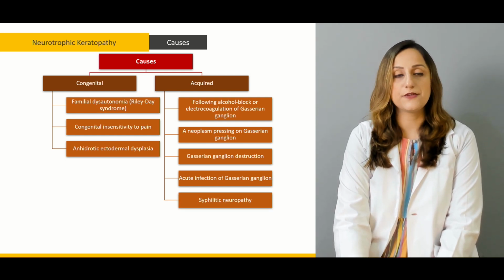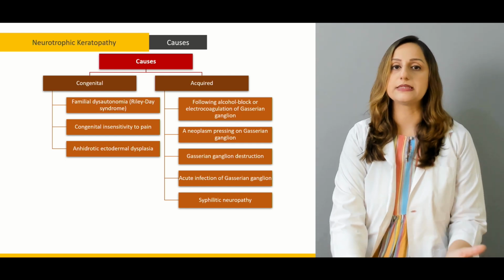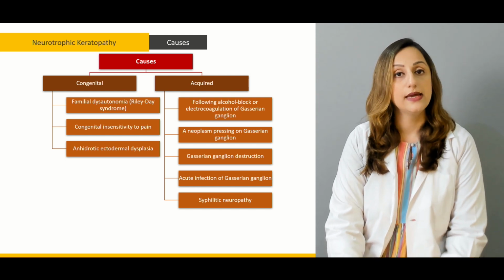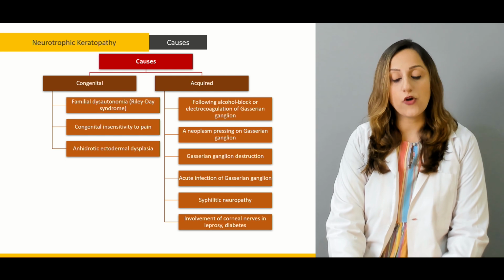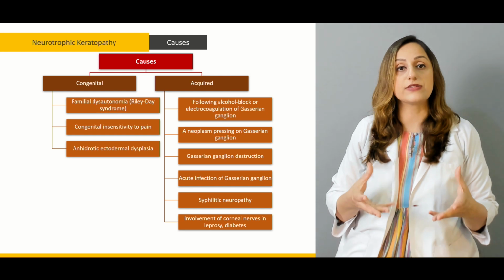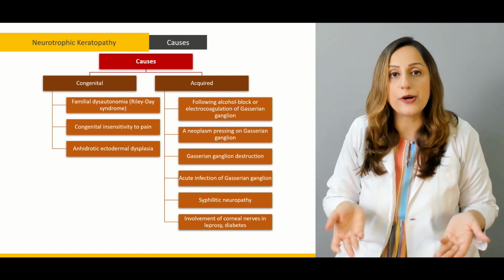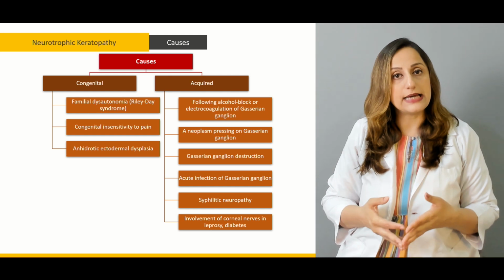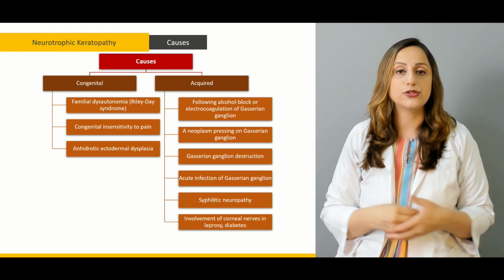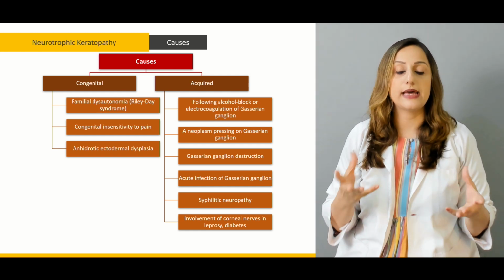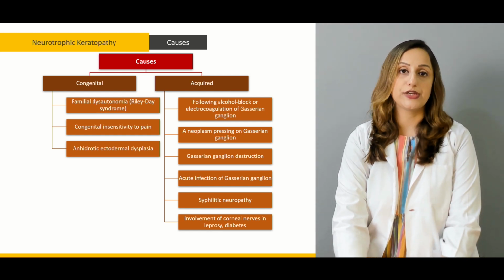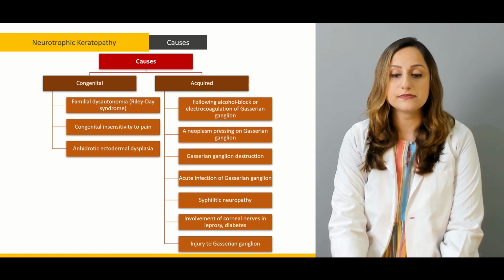Then we have the syphilitic neuropathies, and syphilis is one of the infections that can travel up to the Gasserian ganglion, and that is again going to result in these keratopathies. Regarding involvement of corneal nerves, there are a lot of systemic diseases that can result in neuropathies. For example, we all know about diabetic neuropathy, and leprosy can even damage the neurons and the neuronal structure on the whole, which again results in neurotrophic keratopathy in these patients.